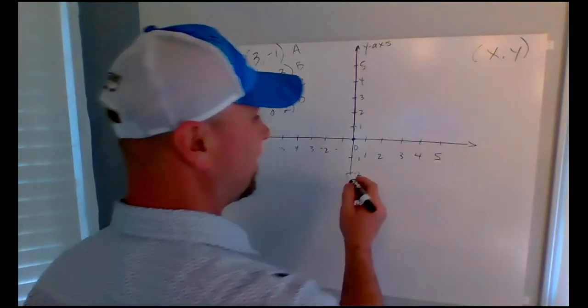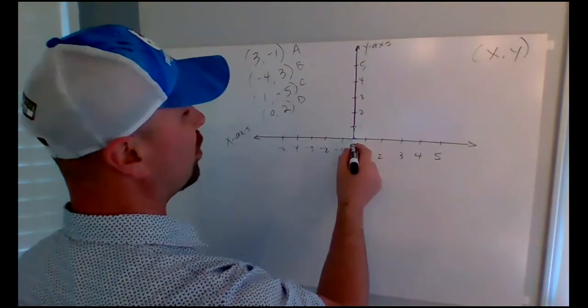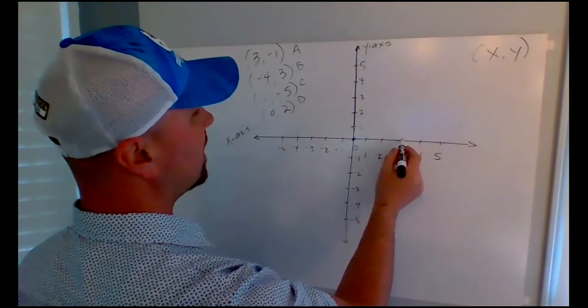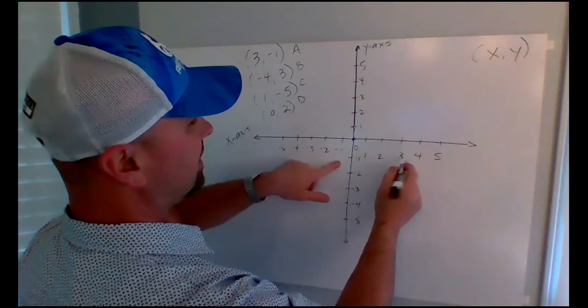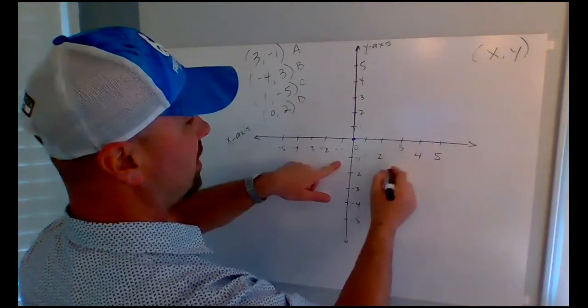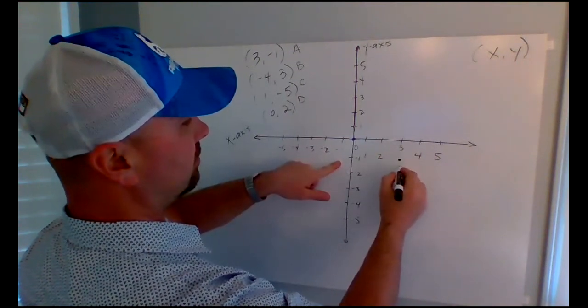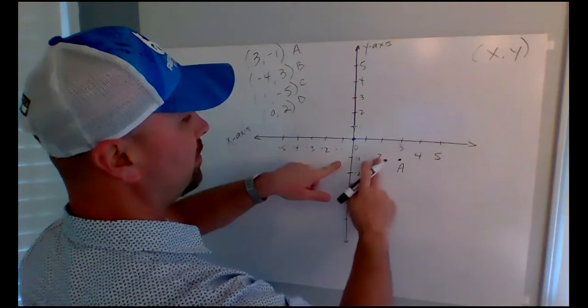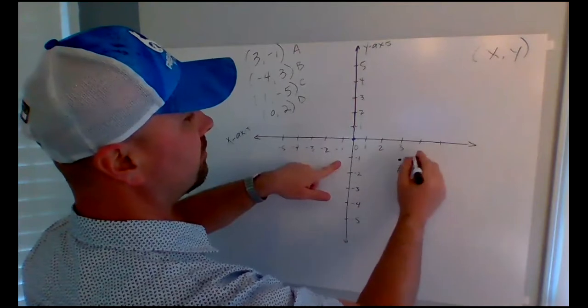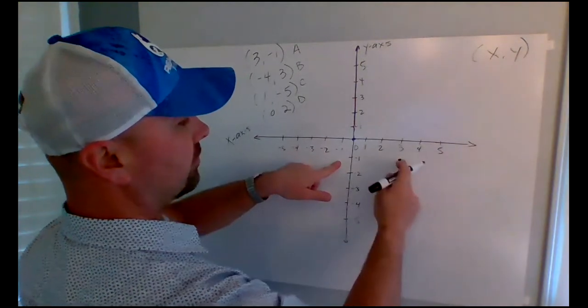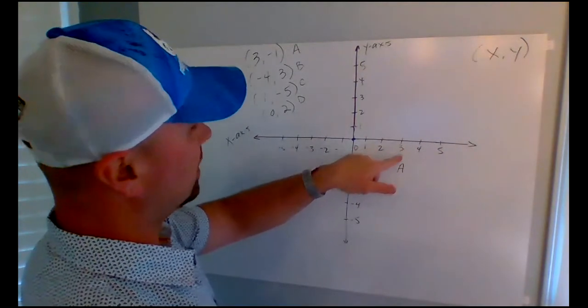So when I see 3, -1, I start here, I go over to 3 on the X, and then I need to go to -1 on the Y, which is actually down. So there would be point A. Point A, over 3, down 1.